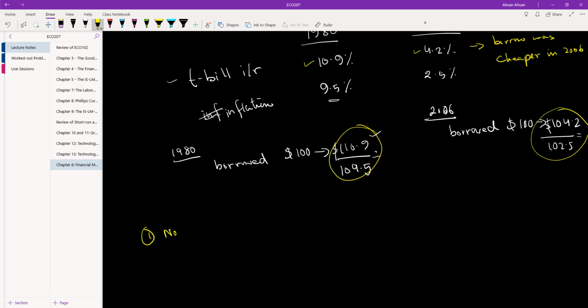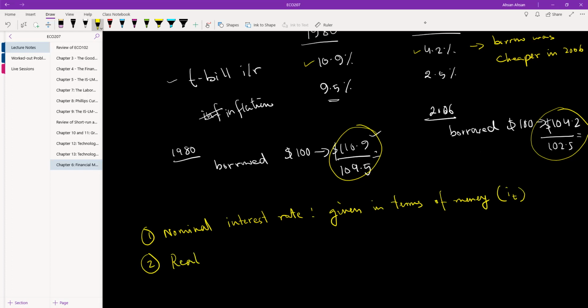First, we will talk about something called a nominal interest rate, which is the interest rate that's given in terms of money. Okay, and we're going to denote it by i_t, the interest rate in period t. And second, we're going to talk about the real interest rate.